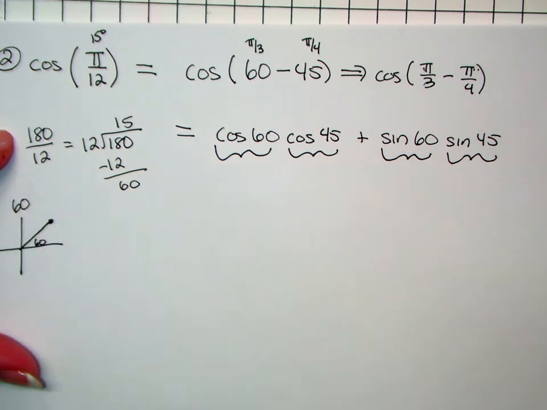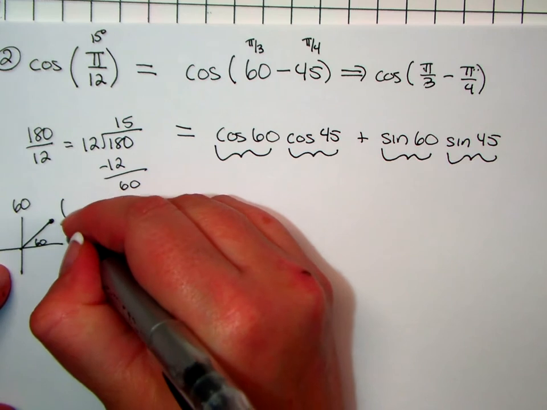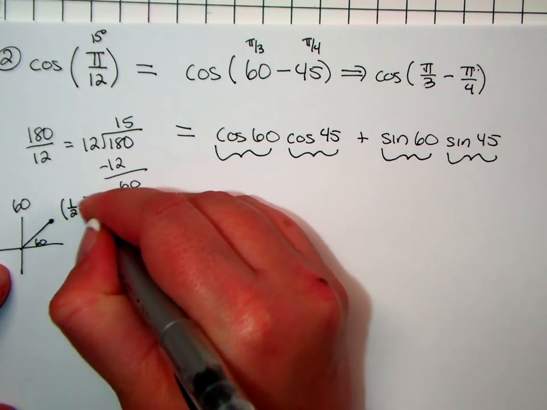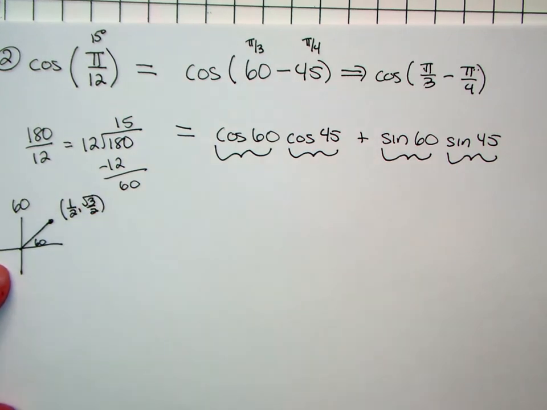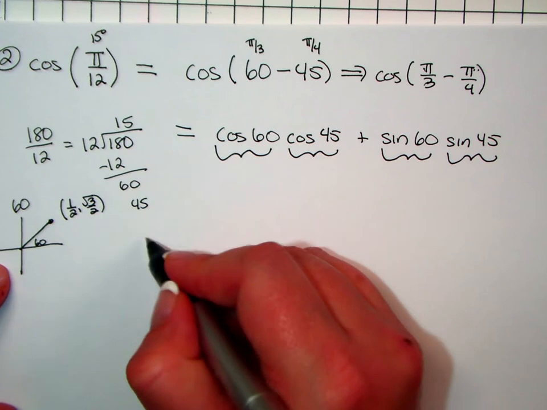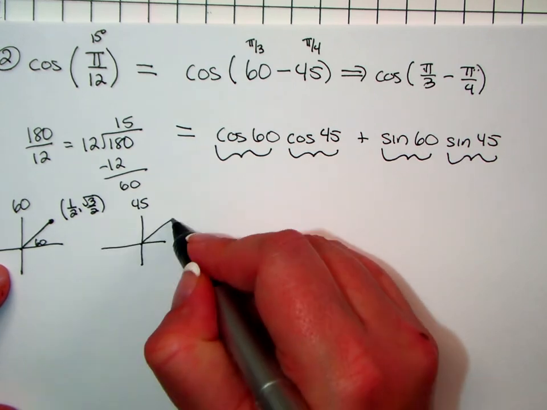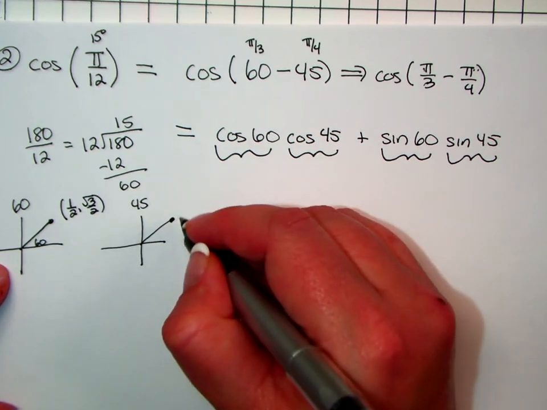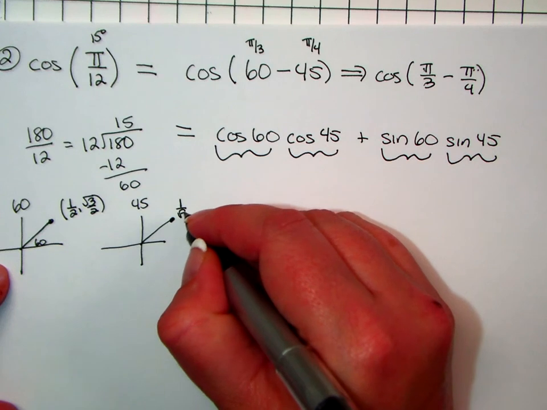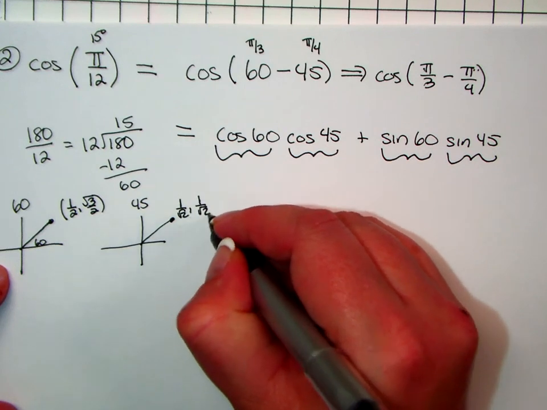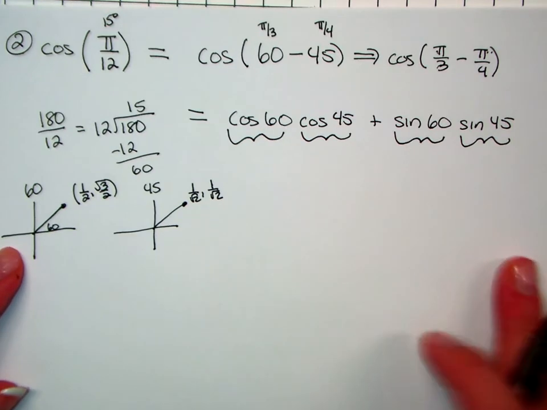This is 60 here. So the point for 60 degrees is 1/2, rad 3 over 2, right? And then we also need the point on the unit circle for 45 degrees, which is 1 over rad 2, 1 over rad 2, right? That's my preferred form, right?